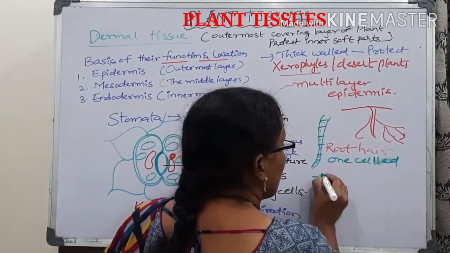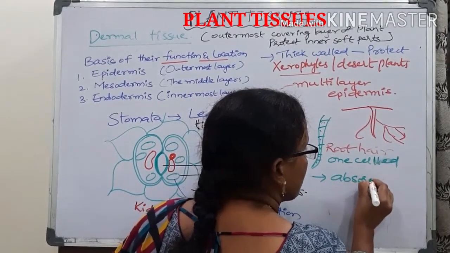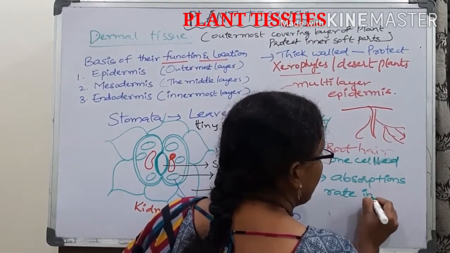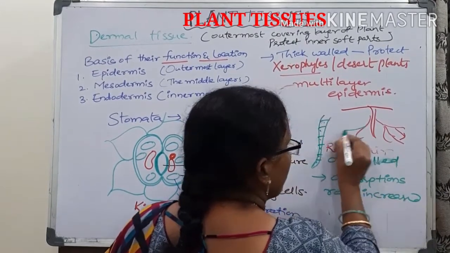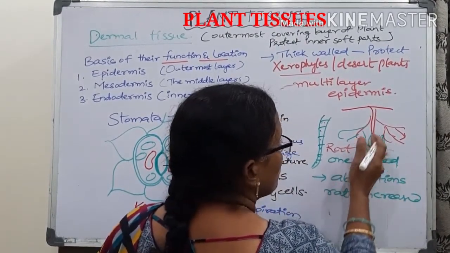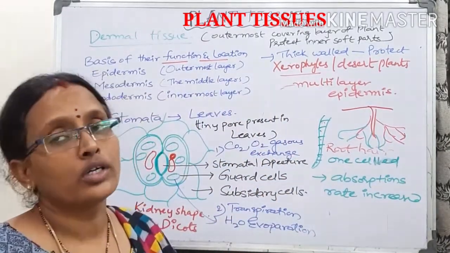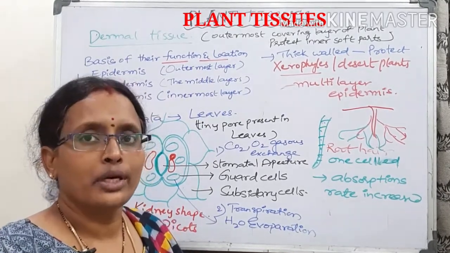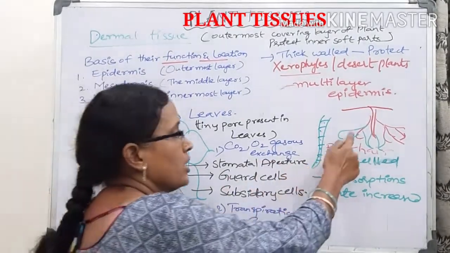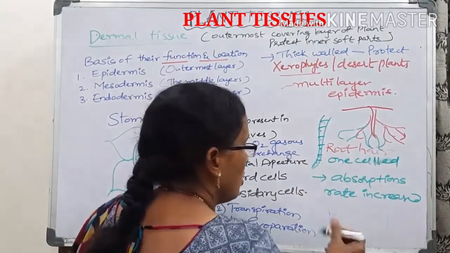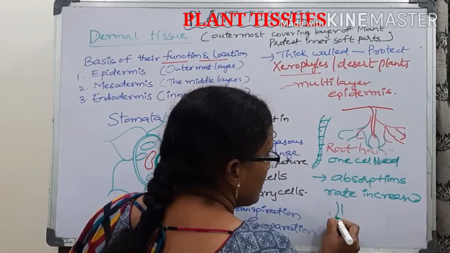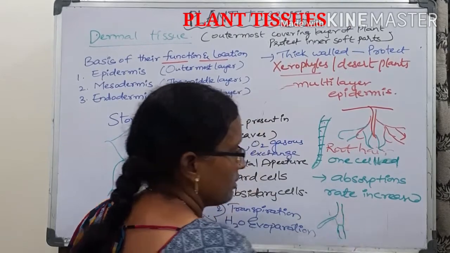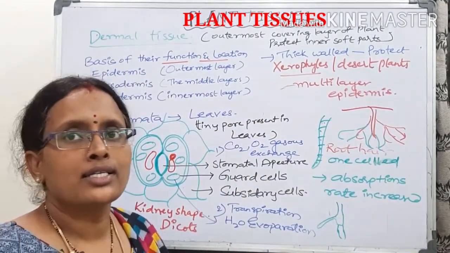So root hairs, their function is absorption. The rate is increased. If more root hairs are there, a vast number of root hairs, what will they do? They absorb more water and minerals. So root hairs are also one of the modified epidermal cells. They are present on the epidermal cells. If you take the root, this cell is modified like this, and the layer is continuous like this. So epidermal cells are modified.